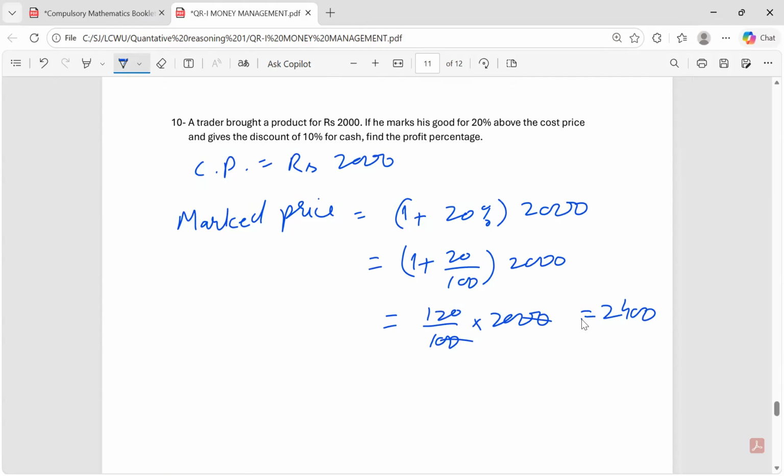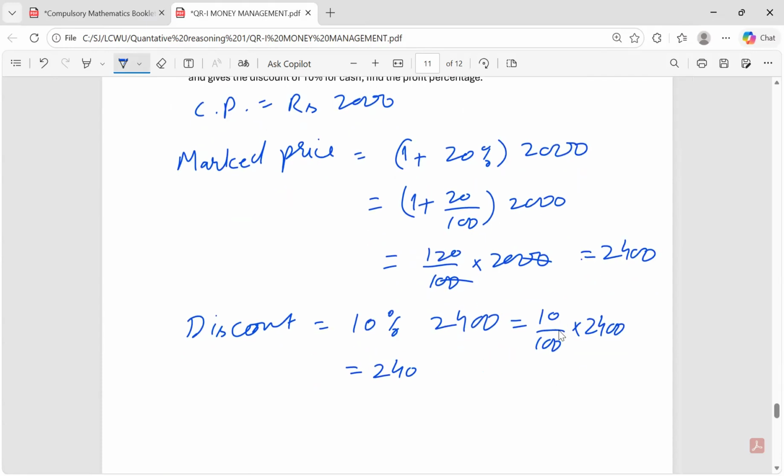So this is the mark price, and now the discount price. You have given a discount of 10%, so we just have to find the discount first. Discount is equal to 10% of 2400, that is 10 by 100 multiplied by 2400, which is 240 rupees.